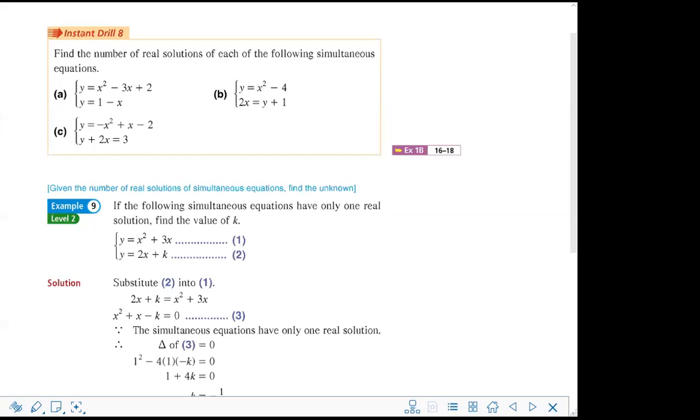And upload to MathApp question number 7. Okay. So I'll just give you 5 minutes to do this.